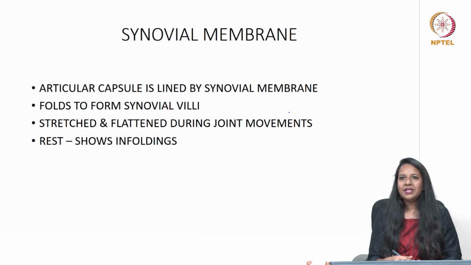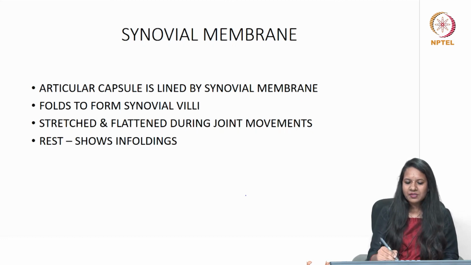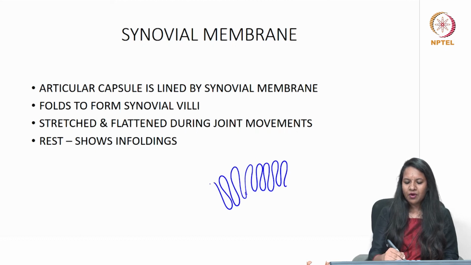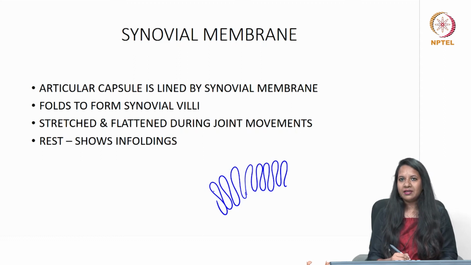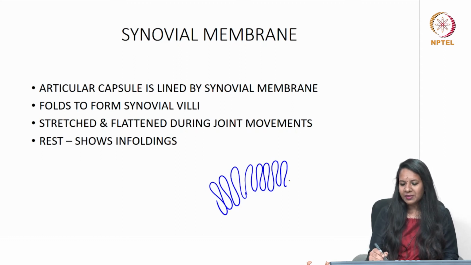Then the synovial membrane. The articular capsule is lined by the synovial membrane. It forms folds, which form synovial villi. During joint movements these villi will be stretched and flattened, and at rest they show infoldings.